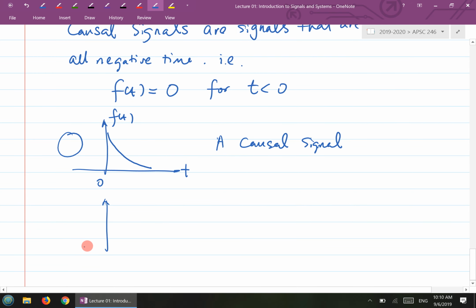However, if we have a signal very much like this, except there's a hump over the left side now, because something exists when t is less than 0, then according to the definition, this will be called a non-causal signal.